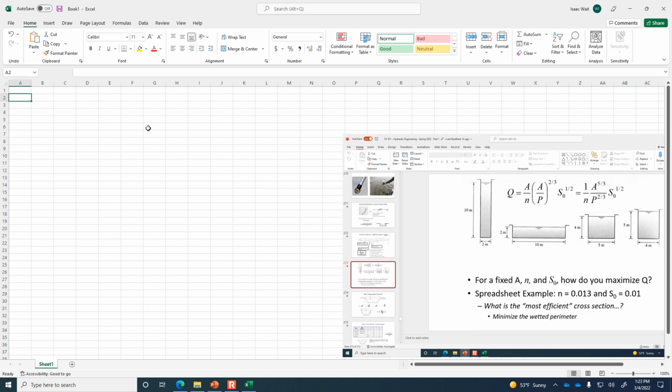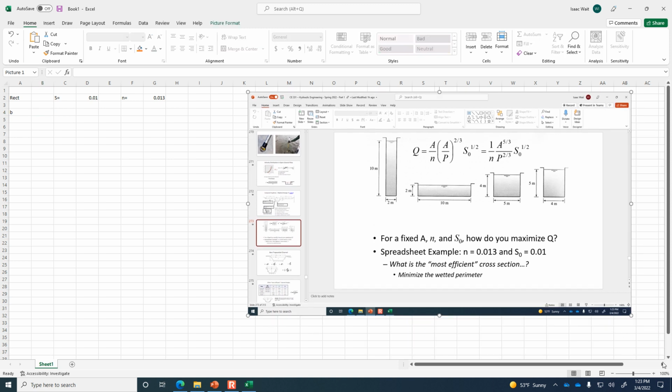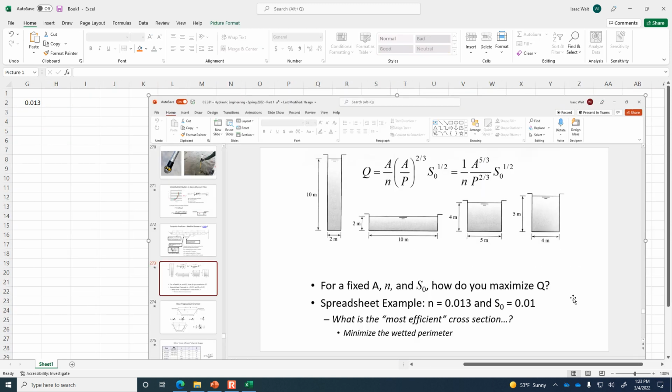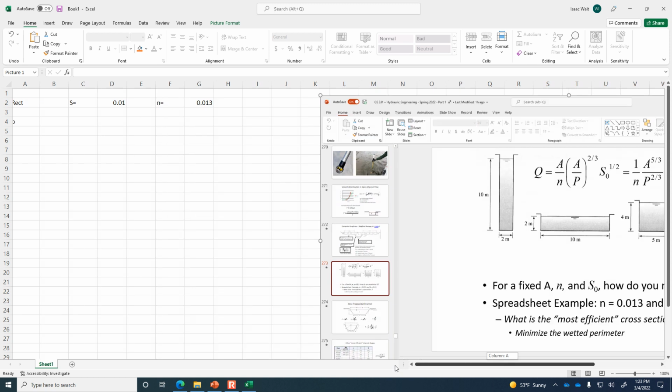So we've got a rectangular channel, and we know that the slope is 0.01 and the n value is 0.013. And we're going to take a look at several different bottom widths, B. So B, remember, lowercase b means the bottom width of a channel.